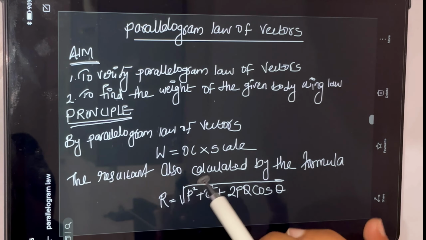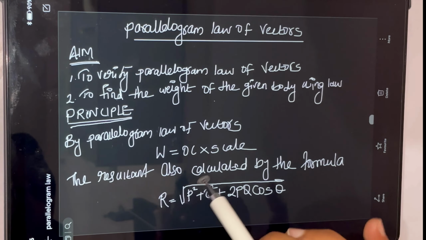Okay, now let's join these arcs. Now the next step: we have to name them. Let's take this as A, this as B, and this as C. Let's take this one as O.